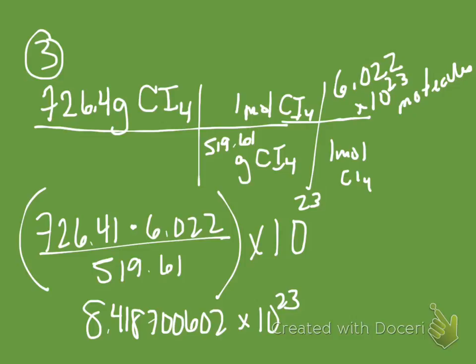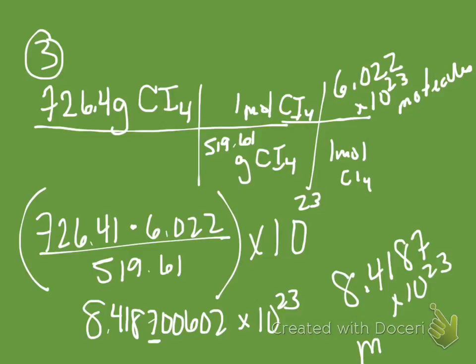So we get this crazy raw number, 8.418700602 something, times 10 to the 23rd. We have 5 sig figs to work with, which carries us all the way back to here. So this is 8.4187 times 10 to the 23rd molecules of CI4. So that's your final answer.